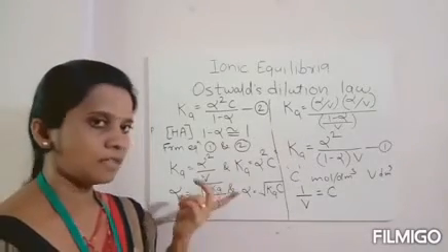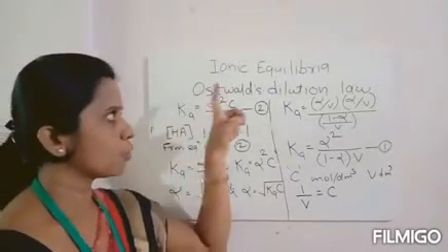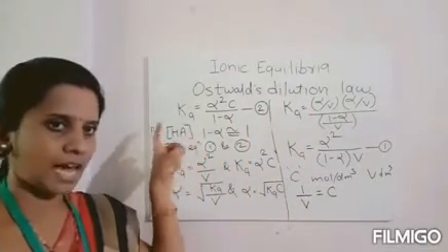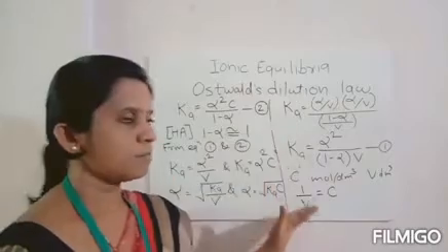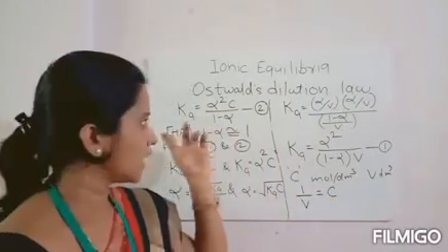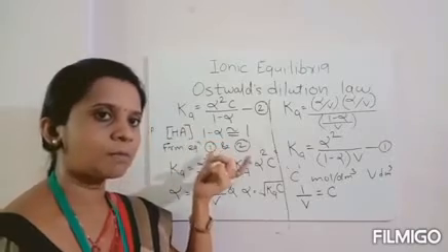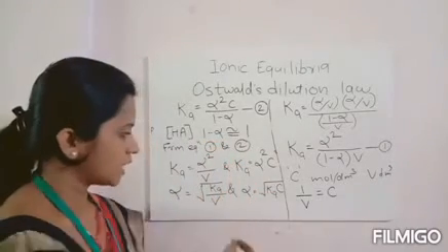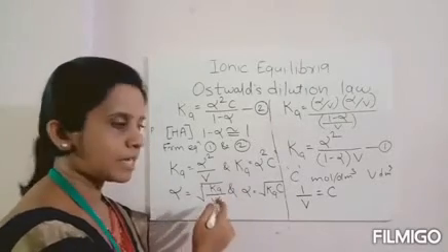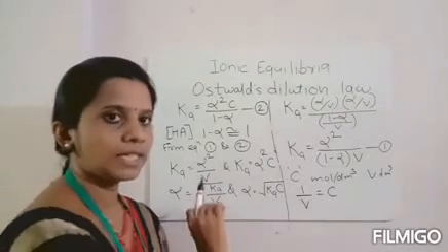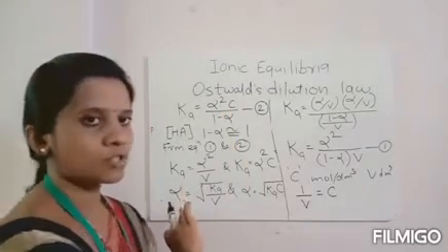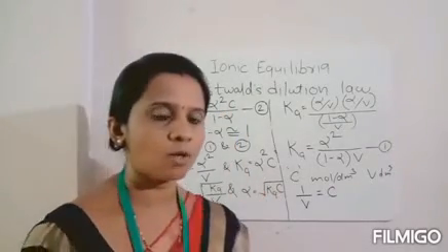This is the derivation for Ostwald's dilution law for weak acid. The same pattern is followed for weak base. Instead of HA, we take BOH, and instead of Ka, the dissociation constant for a weak base will be Kb.